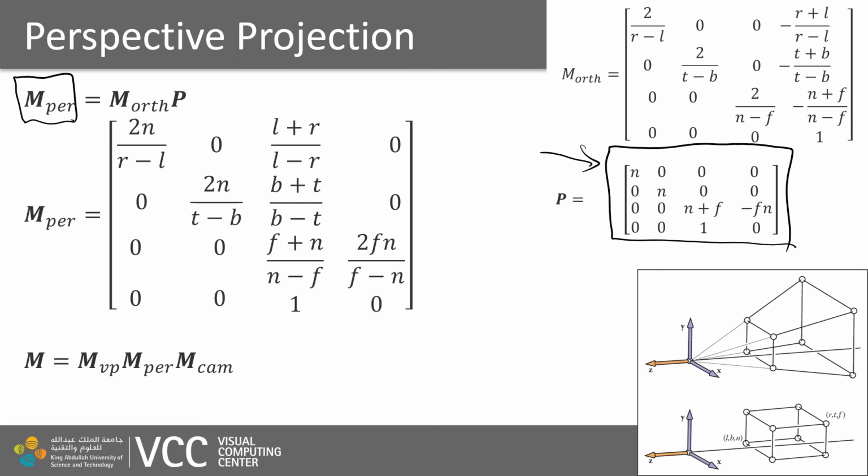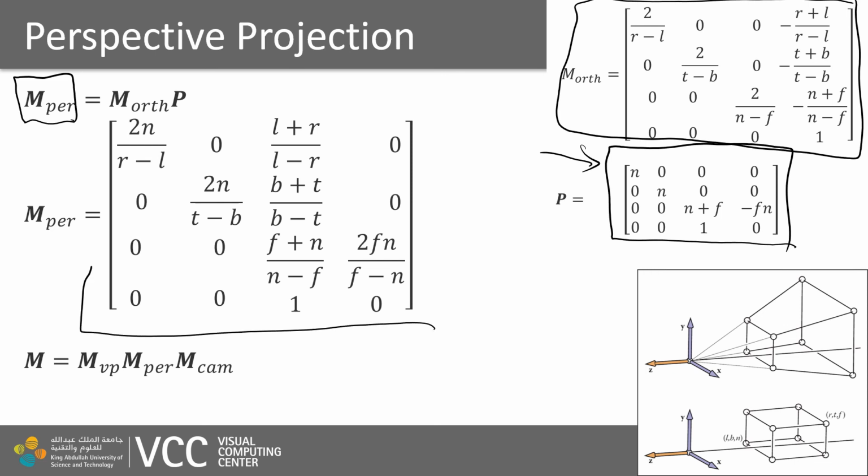And this matrix is then multiplied with the orthographic projection matrix as we learned it, and multiplying these two will result in the perspective matrix as we can see it here.